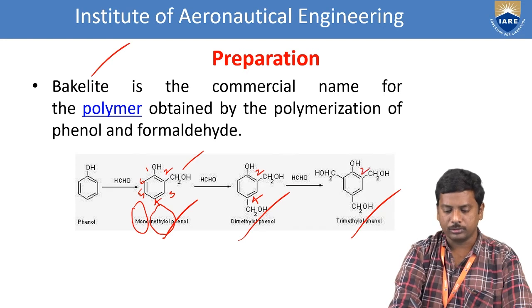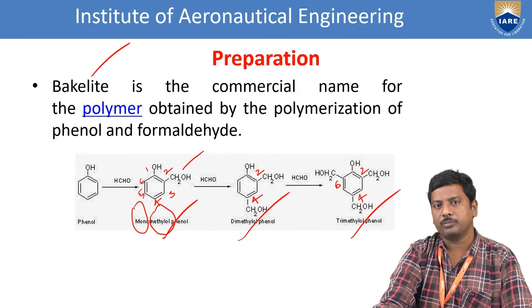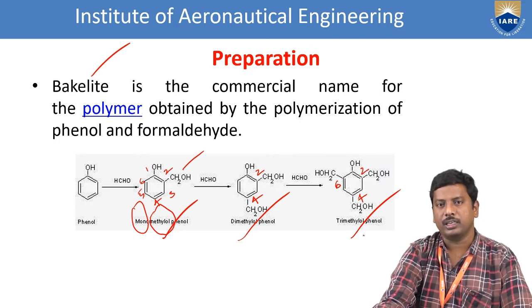This is substituted at 2, 4 and 6. These are the three possibilities: three substitutions on the benzene ring positions 2, 4, 6. That is why it is called trimethylol phenol. These are the possible compounds when phenol reacts with formaldehyde.